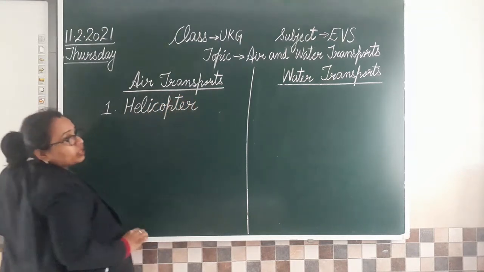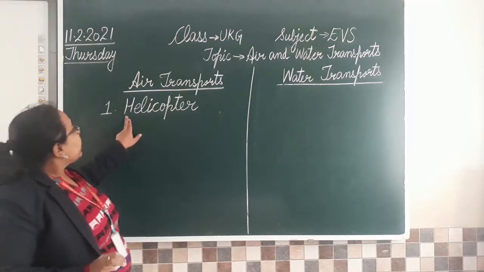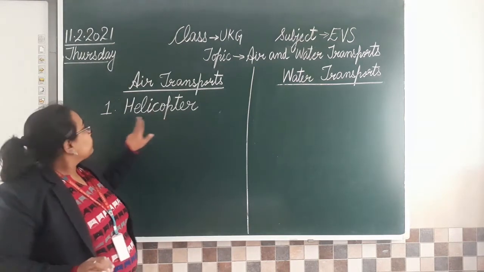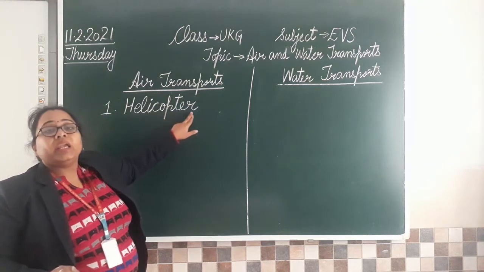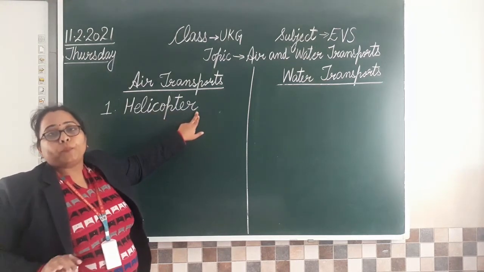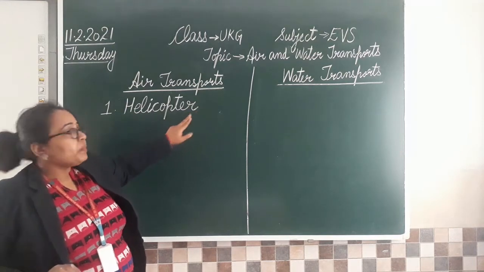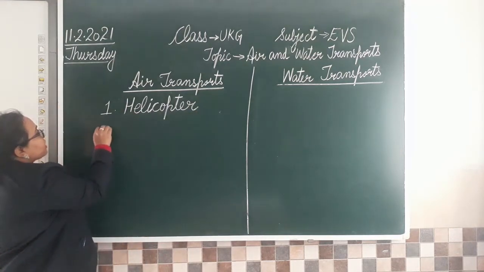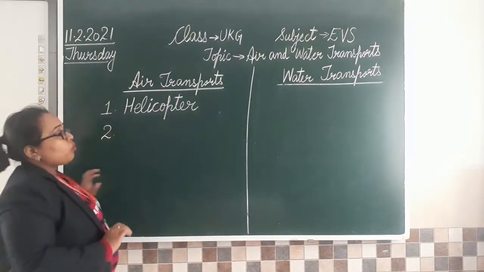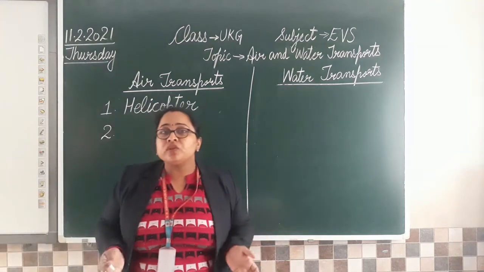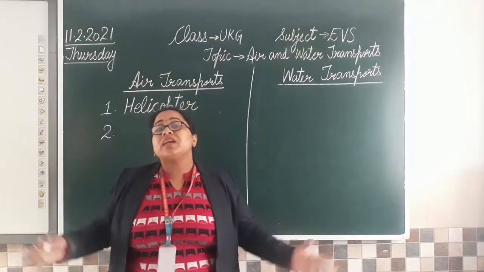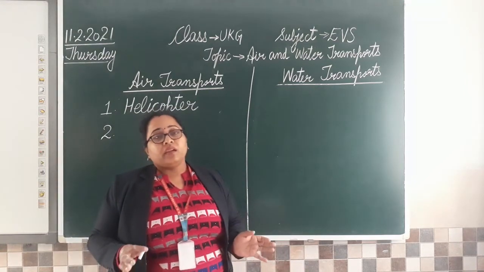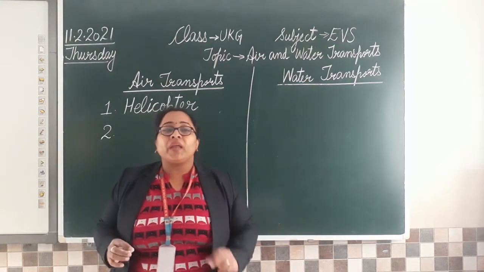Helicopter. So the name that we have written is helicopter. Done. Now the next one, as I told you, is the one that carries passengers with it, very big in size, and carries many passengers. So that is aeroplane. Yes.